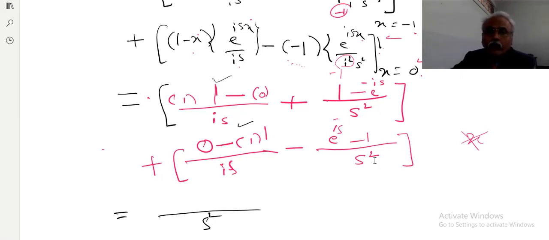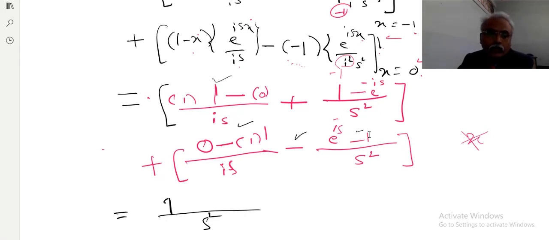First of all, let me write 1 as it is. Minus e raised to is and minus e raised to minus is. See here there is 1 by s square, and minus of minus is plus. Here also there is 1, minus of minus plus 1.